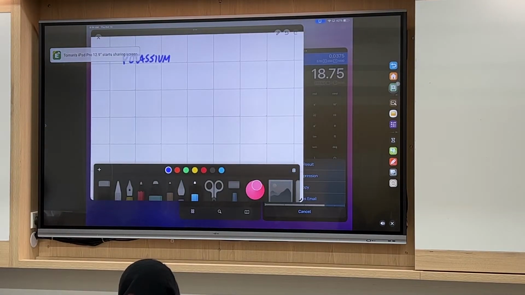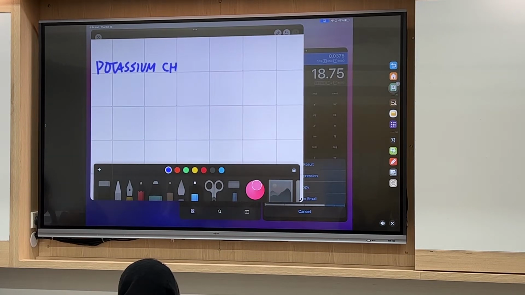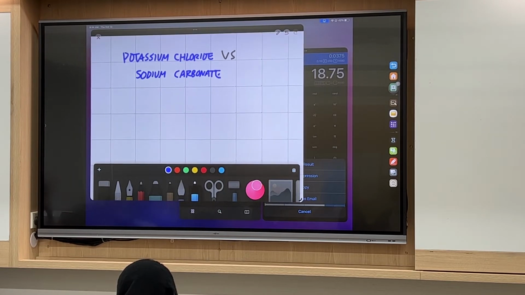There should be three methods that you can use to distinguish between these compounds. When we say we have to distinguish between compounds, we need to test for things that one compound has, but the other does not.